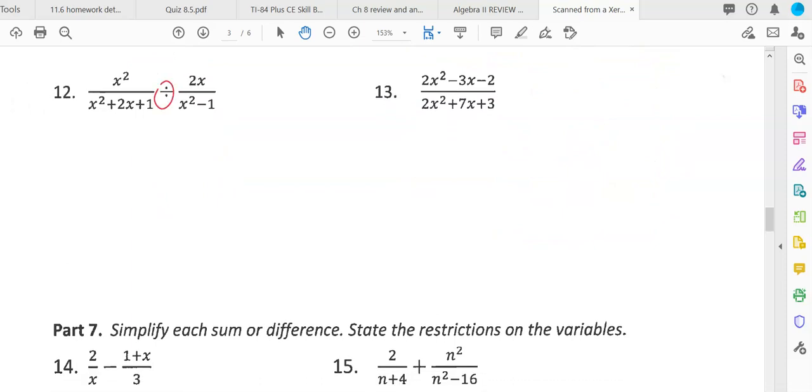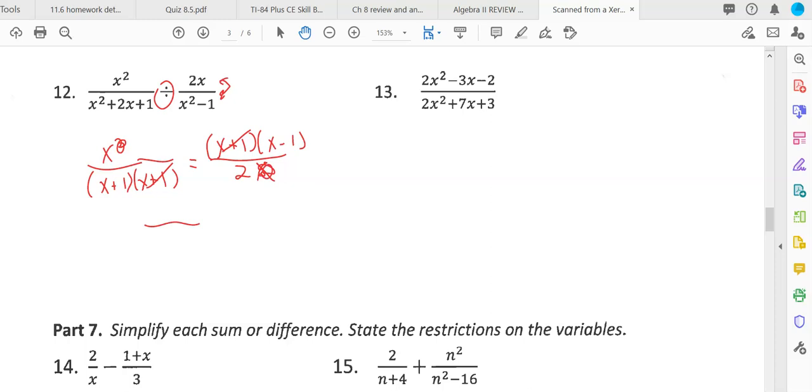Don't forget this is division, so you're going to flip this guy. So we get x squared over x plus 1 times x plus 1 equals x plus 1 times x minus 1 over 2x. So we get, or times, why did I say it's a times sign?